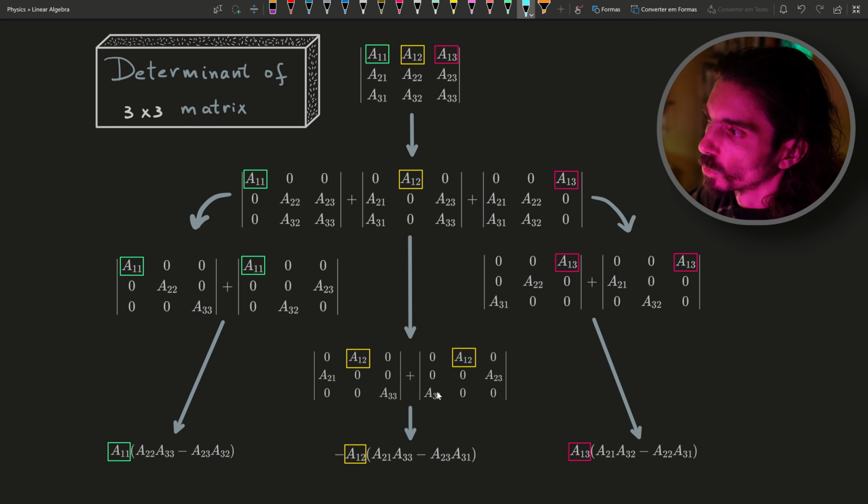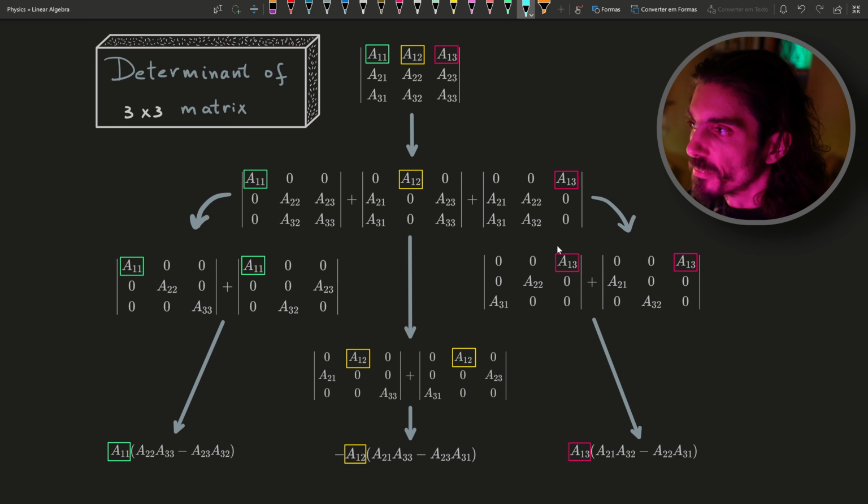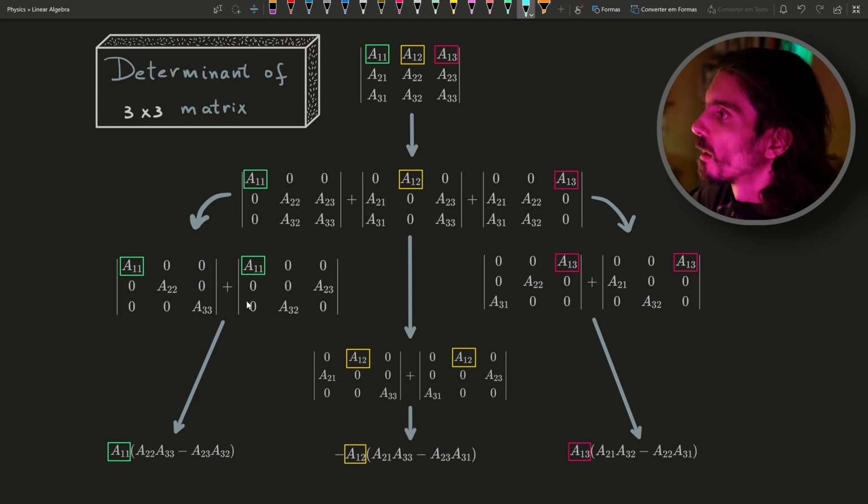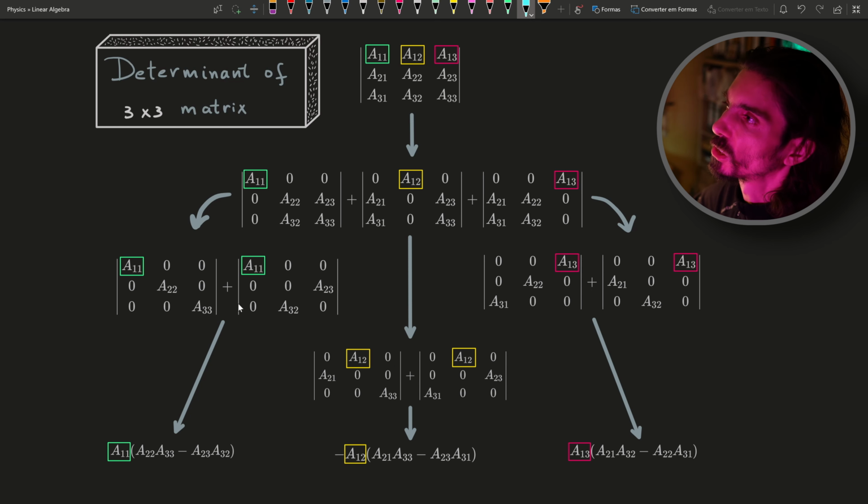Well, you put zeros in the corresponding row and column, the coordinates of a23, and a31 survives. Finally, repeat the same line of reasoning. You get this.